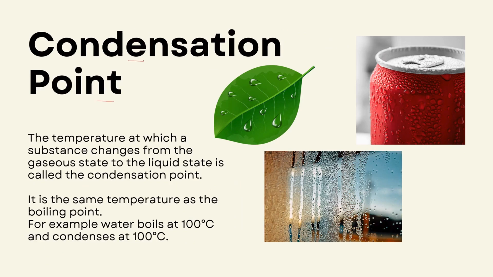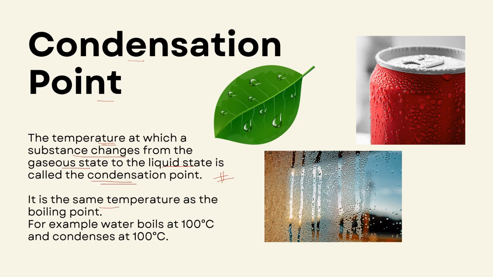Condensation point. The temperature at which a substance changes from gaseous state to liquid state is called condensation point. Again, the thing to remember is condensation and condensation point are different things. Condensation is the process where the substance changes its state, whereas condensation point is the temperature at which this change occurs.